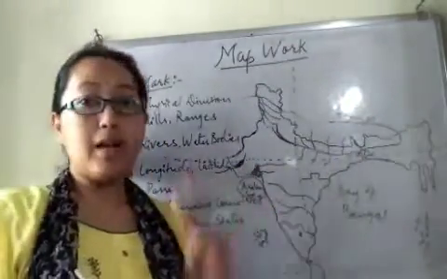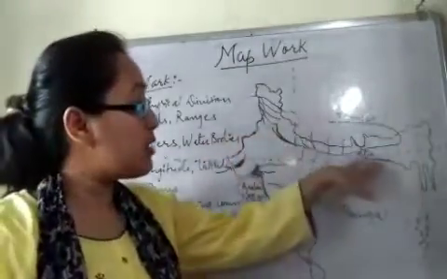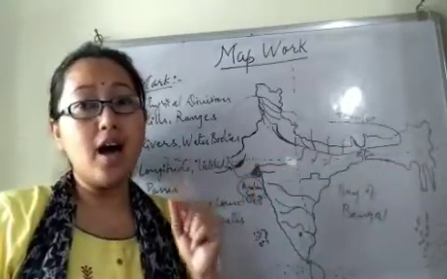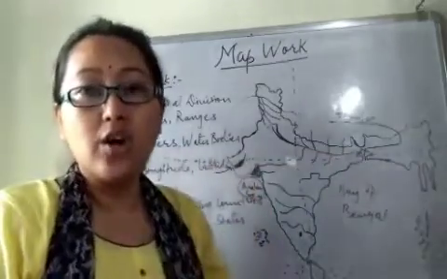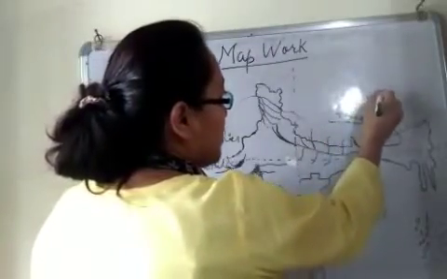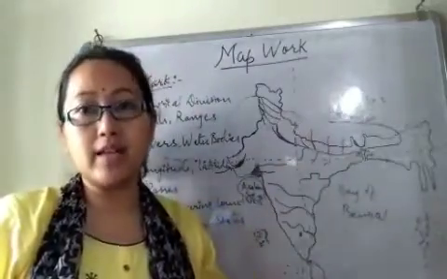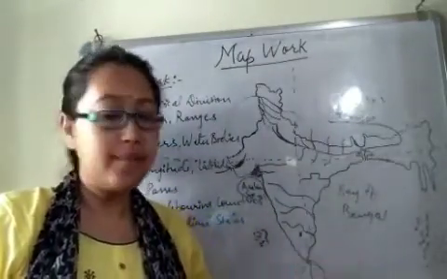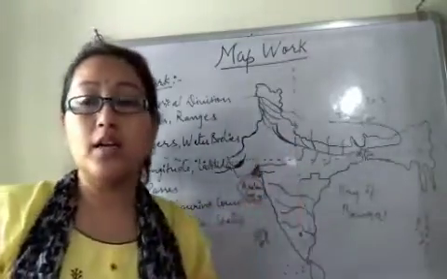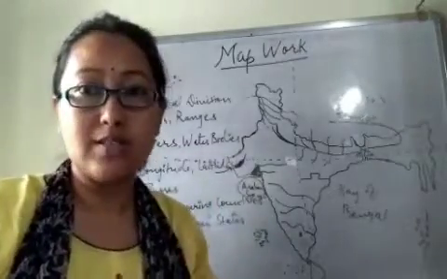This latitude is also known as 23.5 degree north latitude, which is known as the Tropic of Cancer. Clear? Okay.